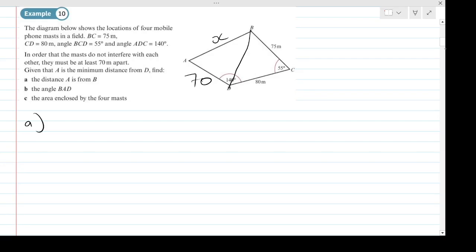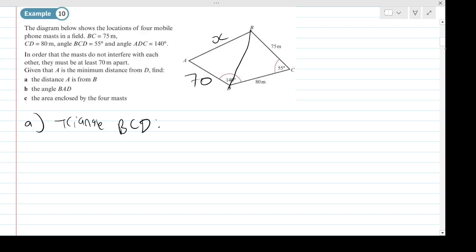But I'm going to stick with this one, because I have two sides and an angle here, so I can work out some information based on that. So I'm going to start with this triangle here, triangle BCD.